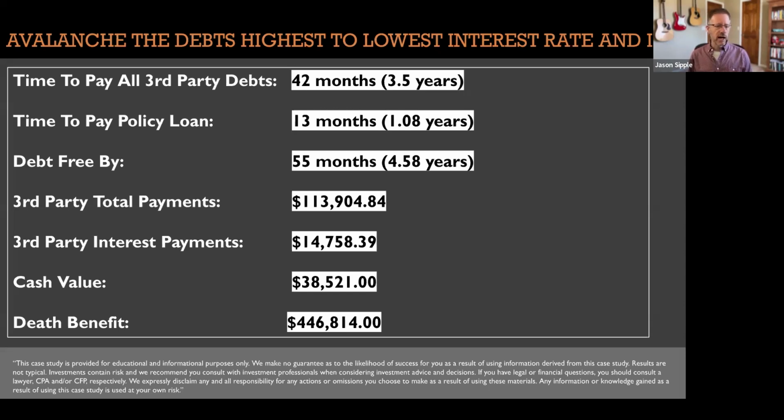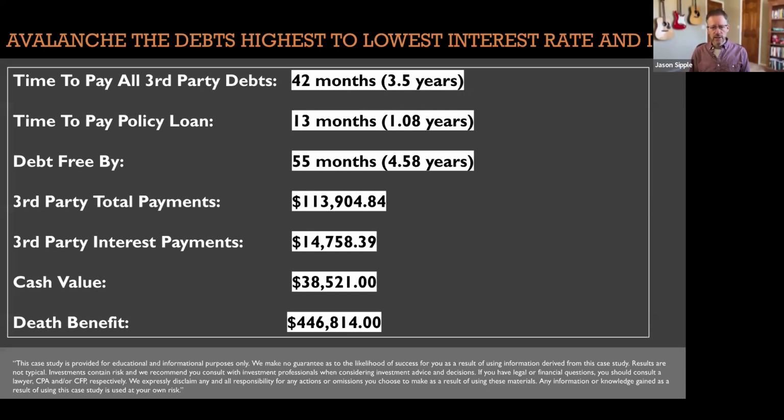There's something we don't talk a lot about, but it does come along for the ride, and that's the death benefit. So let's say during this debt pay down process, God forbid something happens to Bucky Doe, gets hit by a car, passes away, whatever it is. No worries financially, because his family will have this death benefit of $446,000 to help pay down those debts and help cover some of the costs that they would have in income lost.